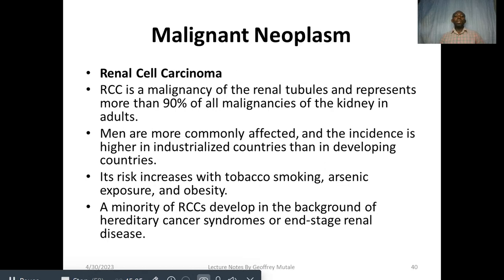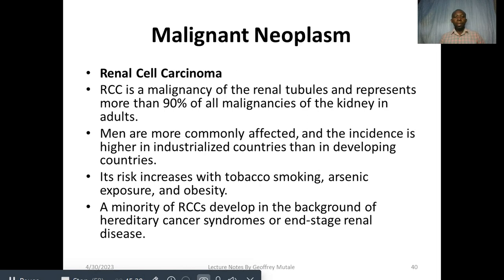So away from the benign, let's look at the malignant neoplasms, and we shall begin straight away with renal cell carcinoma. Renal cell carcinoma is a malignancy of the renal tubules and represents more than 90% of all malignancies in the kidney in adults.